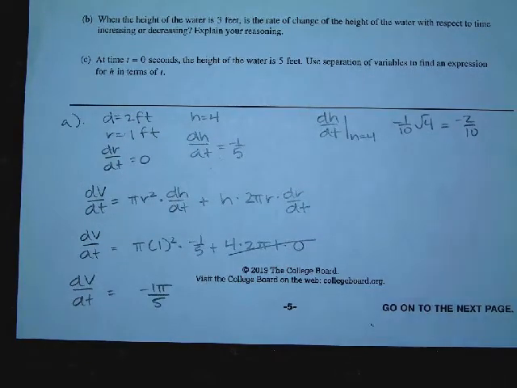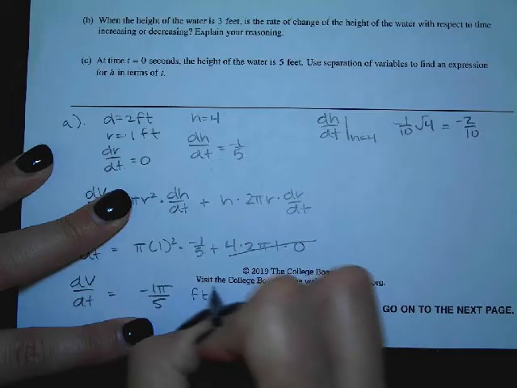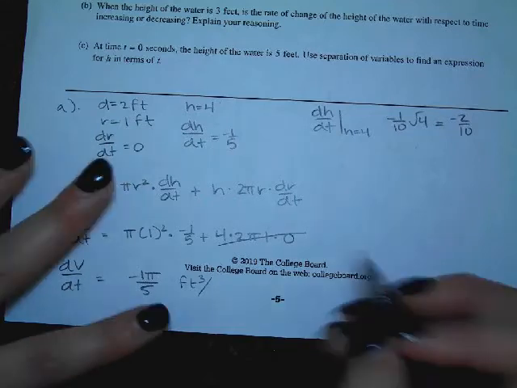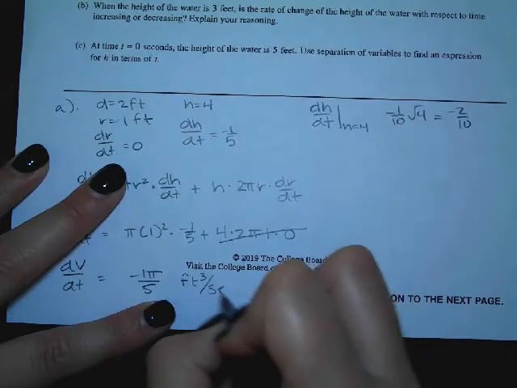I know that it's a volume, so it's going to be cubed. And then I know that it's in relation to time, so I'm going to have something cubed per some sort of time. They talk about feet, so I know that this is feet cubed. And the unit of time on the rate of change of the height was feet per second. And so this would be feet cubed per second.